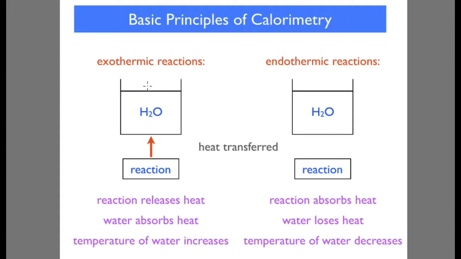Exothermic, the surroundings increase in temperature. For endothermic reactions, the reaction absorbs heat, and it absorbs it from its surroundings. In this case, it would be the water in this container. And the temperature of the water will decrease. So the surroundings decrease, it's endothermic.